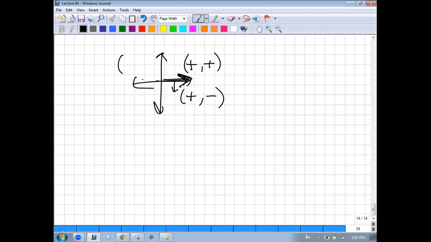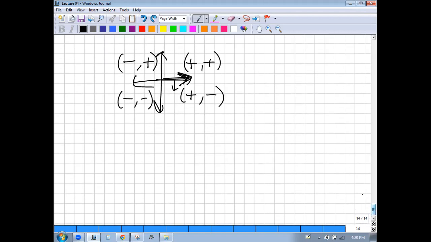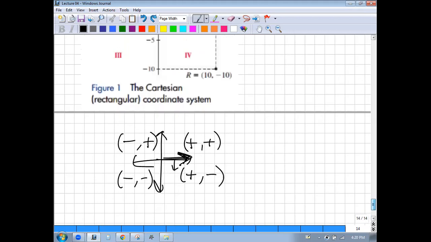In quadrant 2, we've gone to the left, and we've gone up. In quadrant 3, we've gone to the left, and we've gone down. So this quadrant is basically the same as the other quadrants, except you might have to change one of the numbers to be negative. Most of the math happens in quadrant 1 because the other quadrants look just like it, but when we start graphing things are a bit more technical, okay?